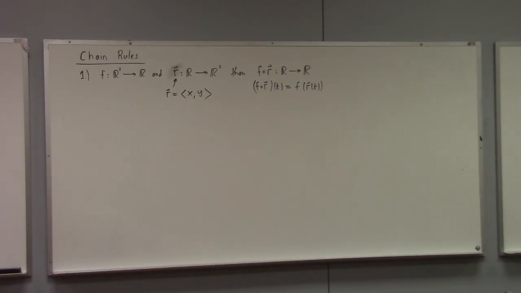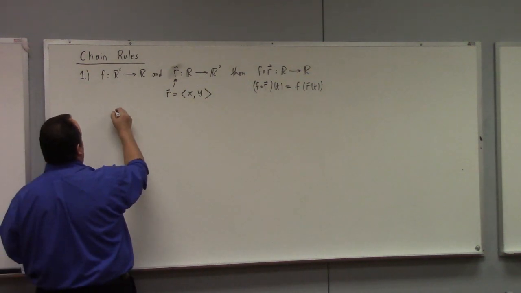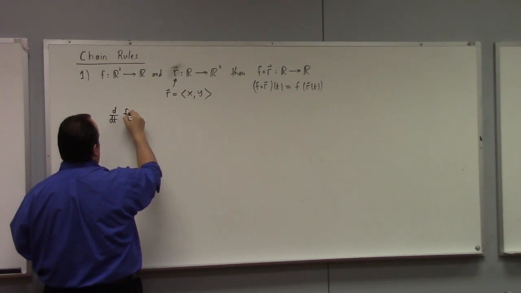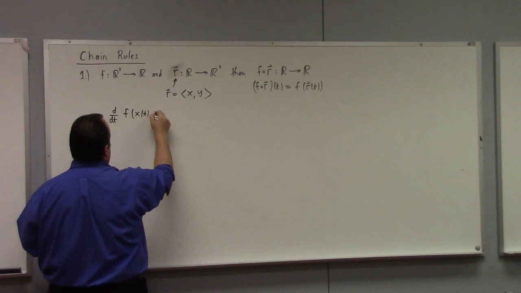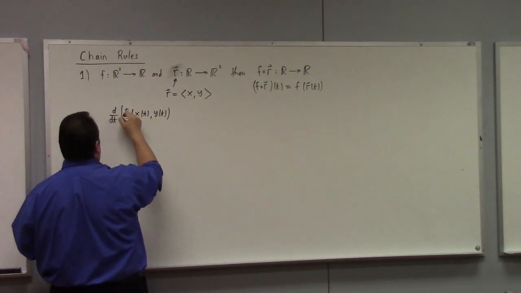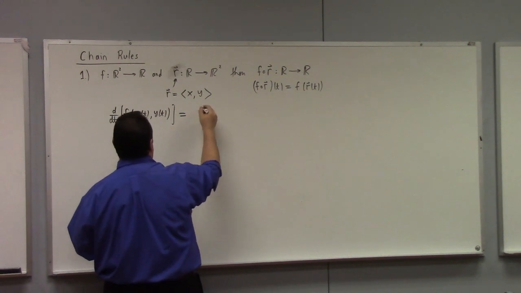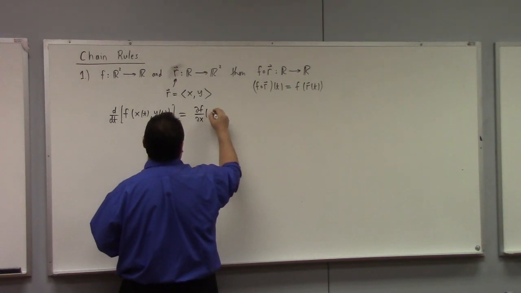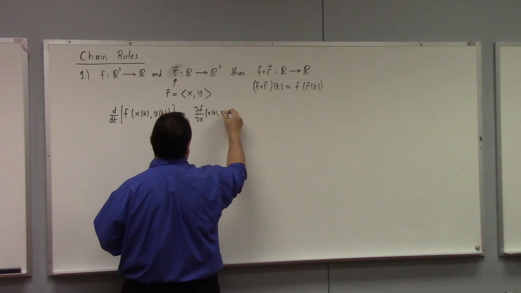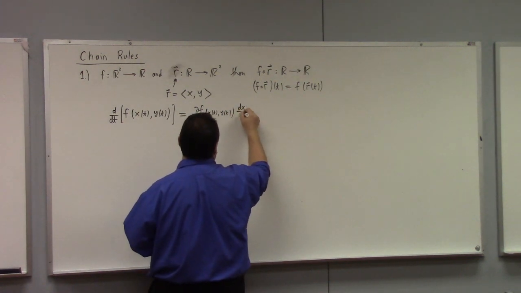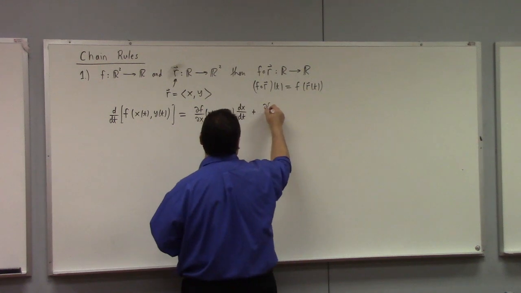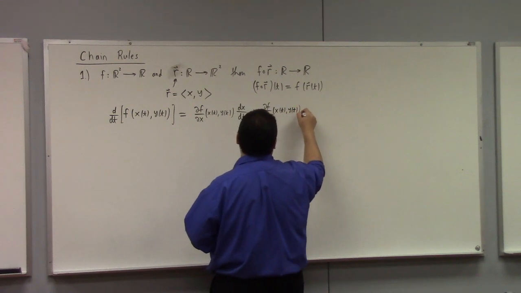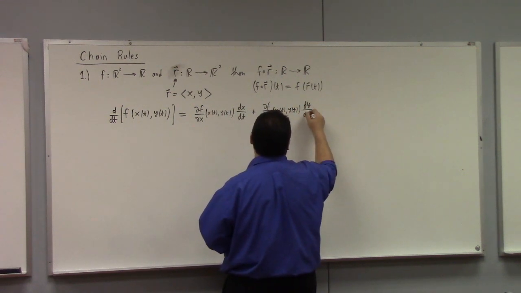People do that. Anyway, the point here is that the derivative with respect to t of f(x(t), y(t)), in a slightly different notation, is equal to partial f partial x at the point (x(t), y(t)) times dx/dt, plus partial f partial y at (x(t), y(t)) times dy/dt.